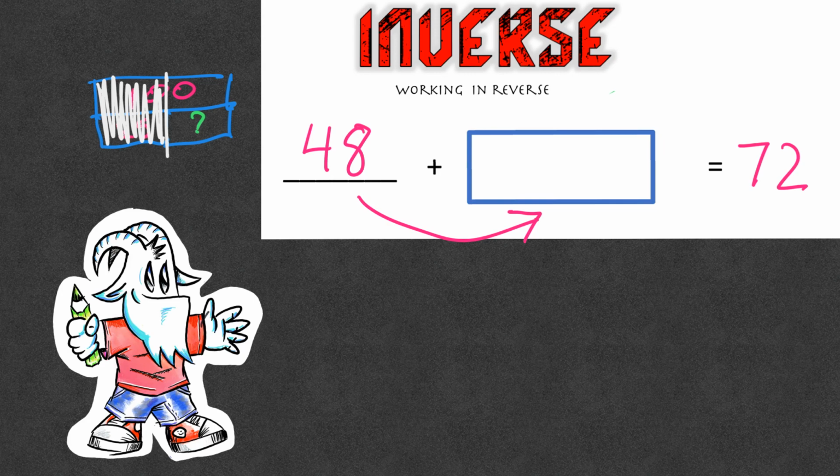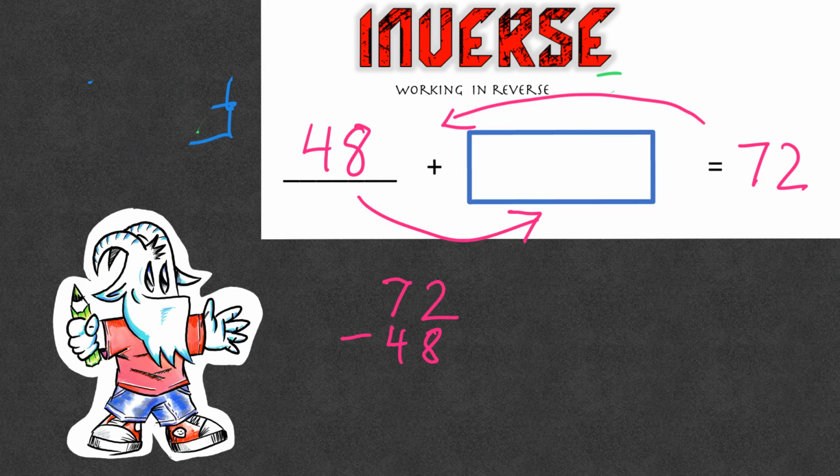While I'm waiting, I'm going to prepare and I will have to subtract. So 72 take away 48. So I will subtract the part I know from the total.